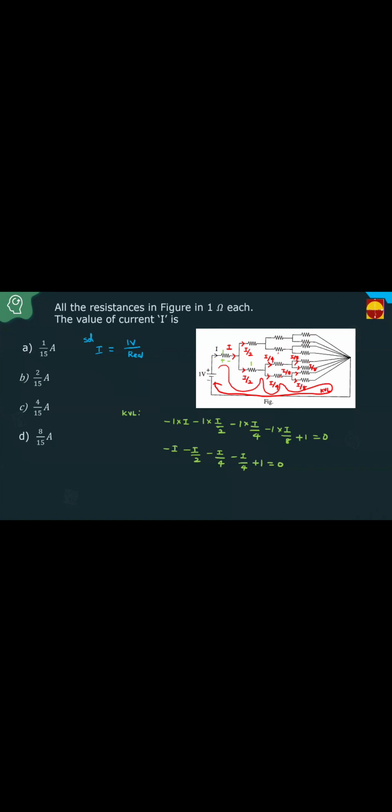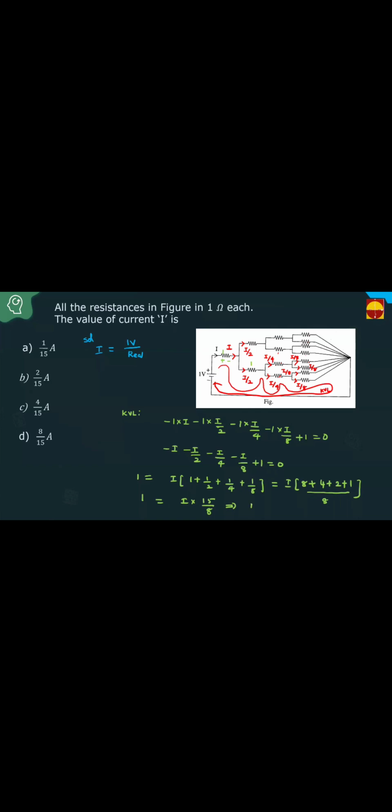This is I by 8, not I by 4. Then 1 equal, take I common: 1 plus 1 by 2 plus 1 by 4 plus 1 by 8. Taking 8 as LCM, I into 8 plus 4 plus 2 plus 1 by 8. So 1 equal to I into 15 by 8.